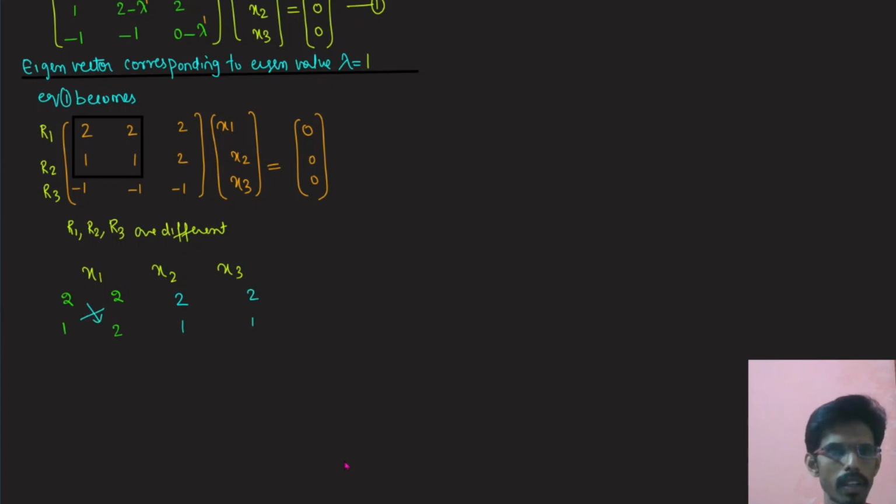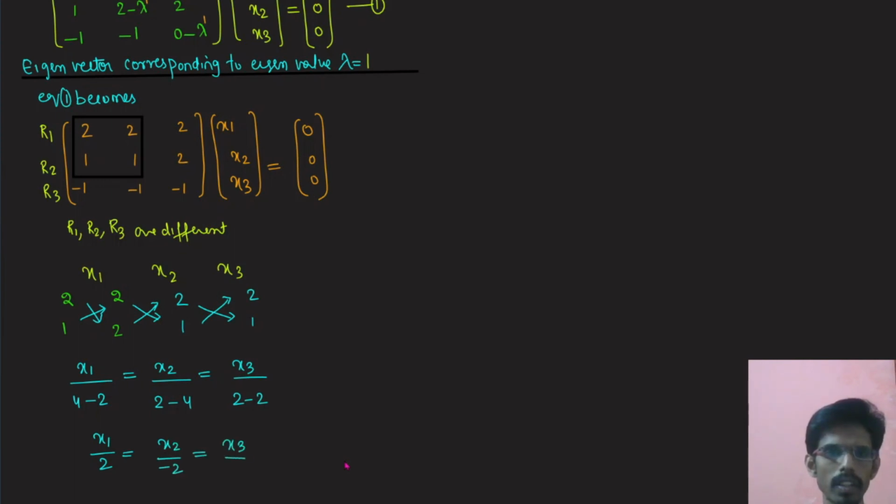Now apply the crisscross method here to get this x1. x1 will be 2 2s are 4 minus 2. x2 will be 2 1s are 2 minus 2 2s are 4. x3 will be 2 ones are 2 minus 2. So we have x1 by 2, x2 by minus 2, x3 by 0.